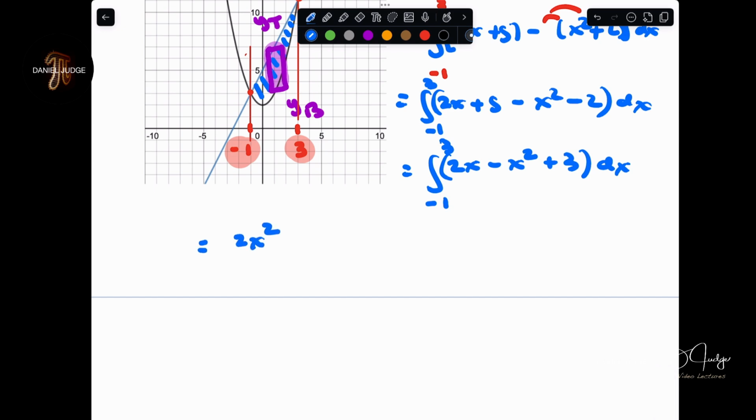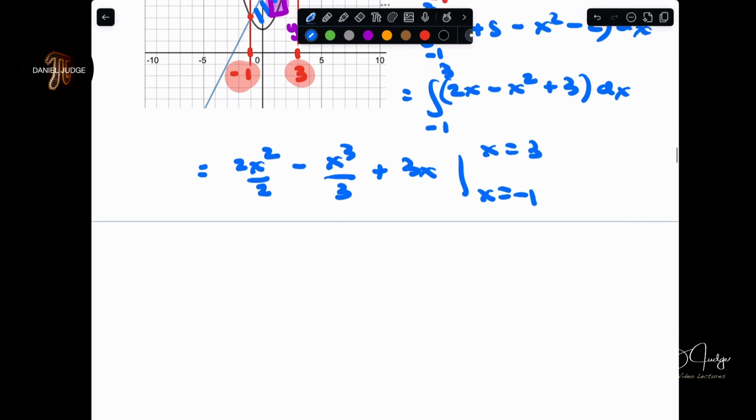We're going to integrate: 2x squared over 2, minus x cubed over 3, plus 3x. So you get x squared minus 1/3 x cubed plus 3x. We evaluate that from -1 to 3 here.